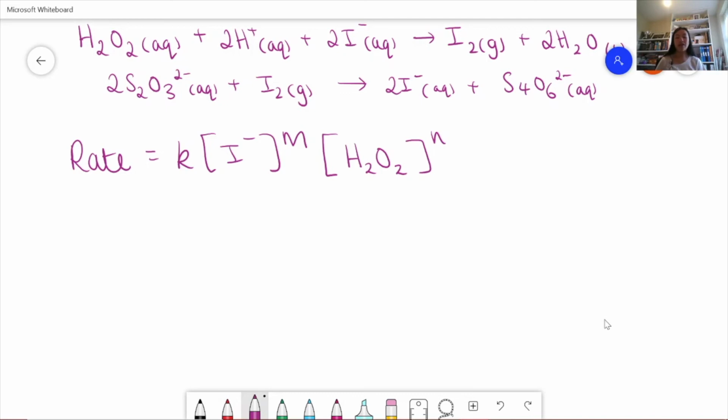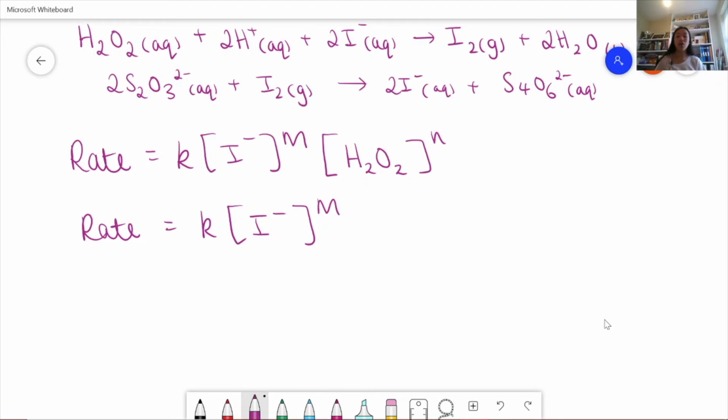And so by varying the concentration of the iodide ion, we can determine its order, m. And the order with respect to iodide ions is found by varying its concentration whilst keeping everything else constant. So the rate equation therefore simplifies to rate equals k multiplied by I minus to the power of m.